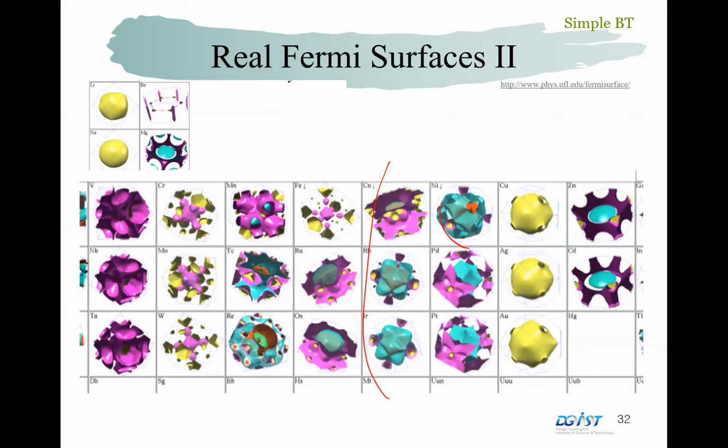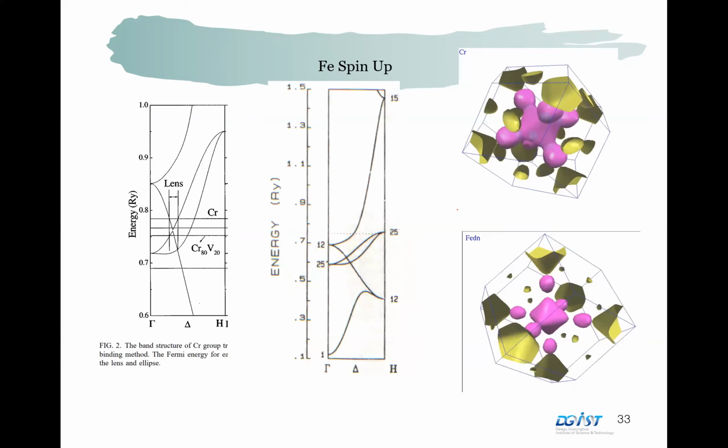But the truth is, if you fill in a little more electrons, or add one more band, you can find the basic structure of the Fermi surface is quite similar within each column. And from this direction, the change increases the number of electrons, so we fill more electrons in a band structure. I'm going to show some examples. Okay.